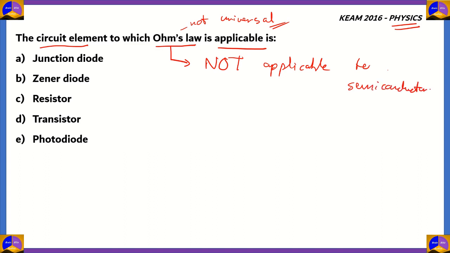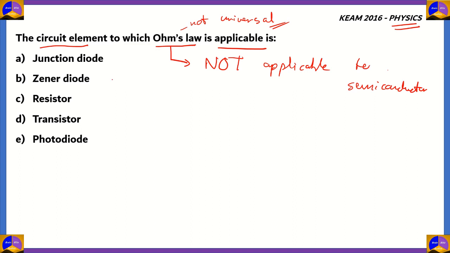The reason is that in semiconductors, the ratio between the voltage across the semiconductor and the current passing through it changes. It is variable, not constant. Whereas Ohm's law states that V is proportional to I, so that proportion has to stay constant.